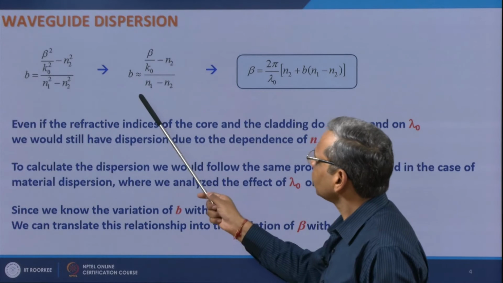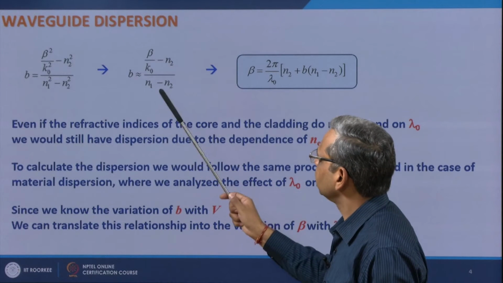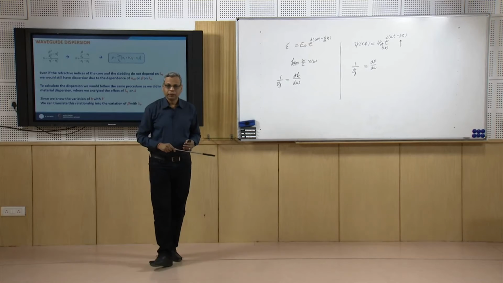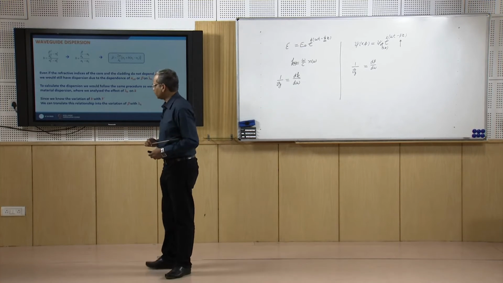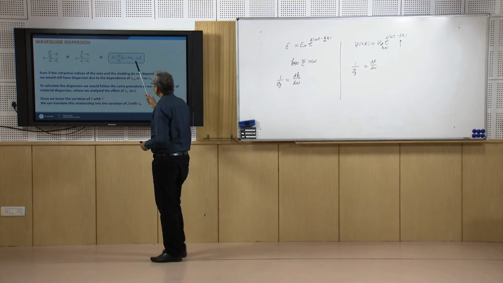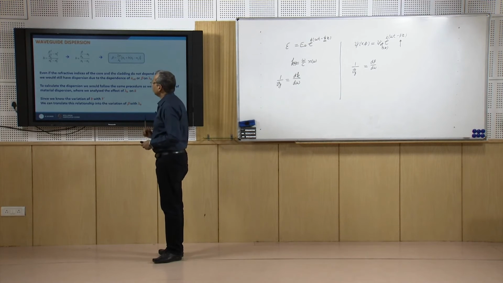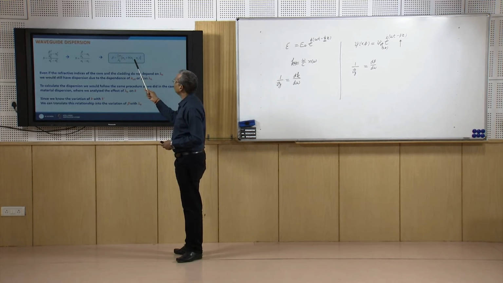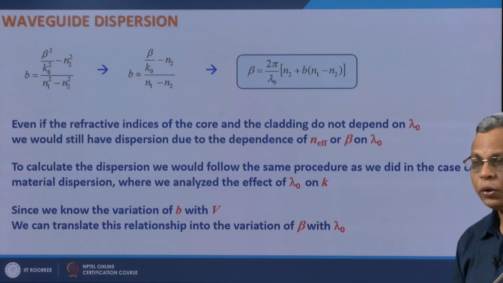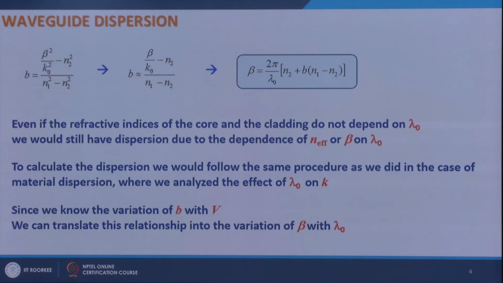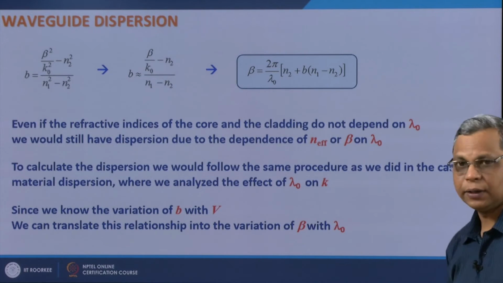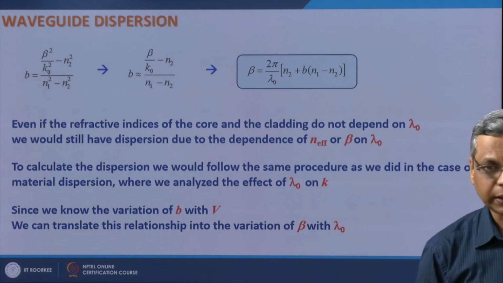So this I can approximate by beta over k naught minus n2 over n1 minus n2 for a weakly guiding fiber where n1 is very close to n2. So if I look at this expression, then even if the refractive indices of the materials of the core and cladding do not depend upon lambda, we would still have dispersion due to dependence of beta over lambda, or dependence of n effective over lambda.